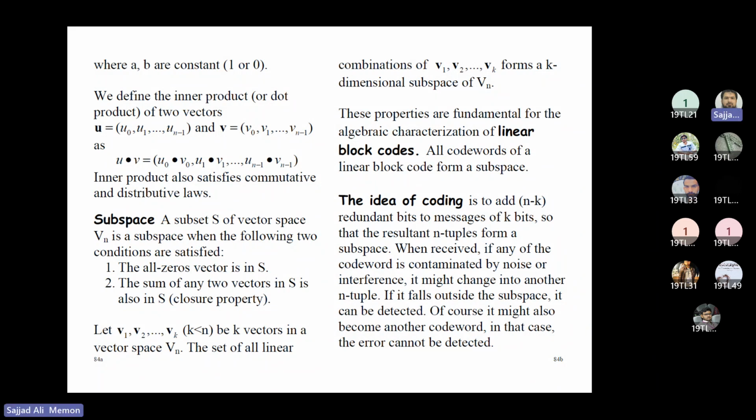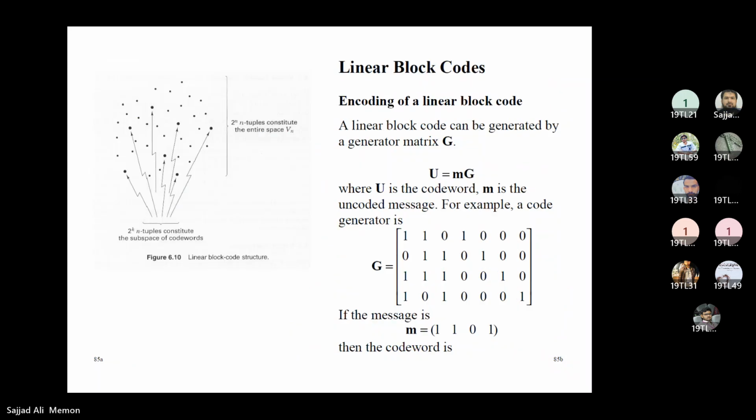If any combination other than these occurs, then we will say that it falls outside the subspace. It might also be possible that the error vector looks like another vector in the subspace. In that case, we cannot detect the error.